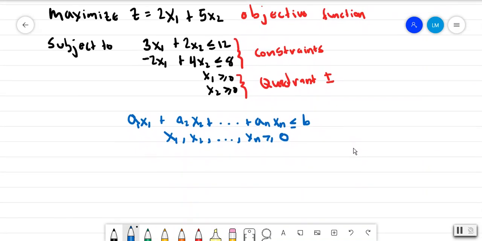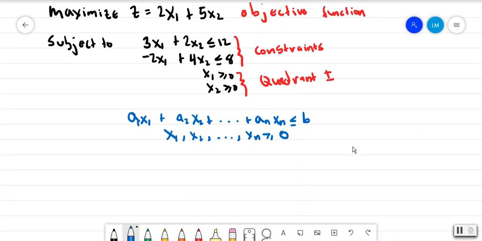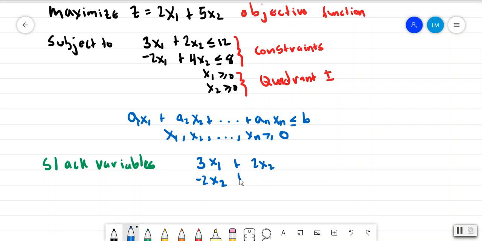Now, what exactly is a slack variable? Let's go ahead and introduce what are called slack variables. The first step is to rewrite your inequalities as equations: 3x1 minus 2x2 plus 2x2 plus 4x2.